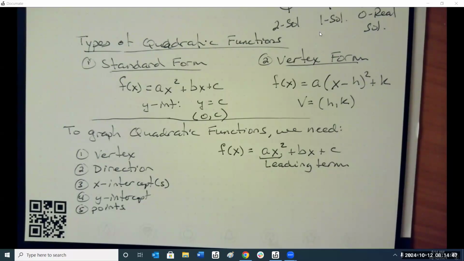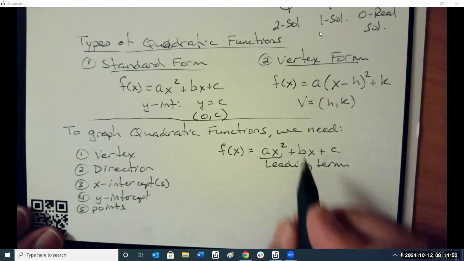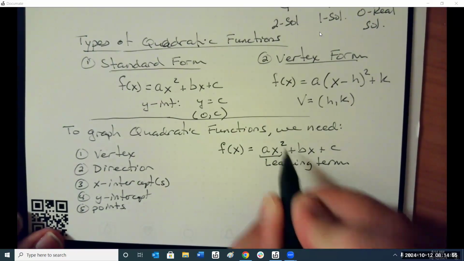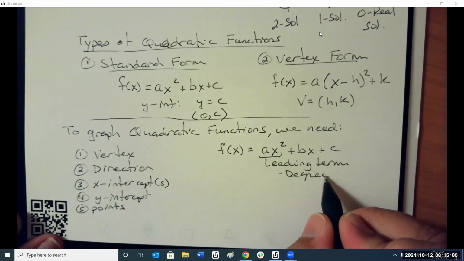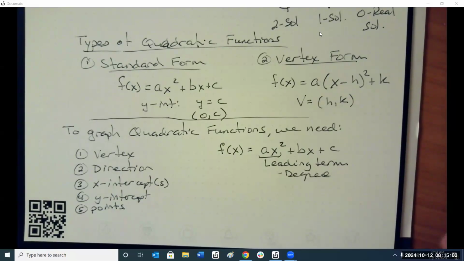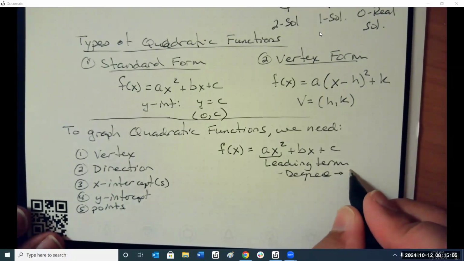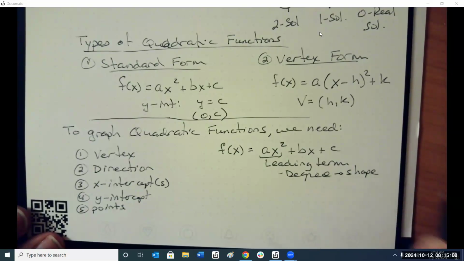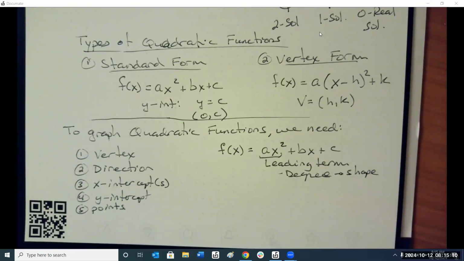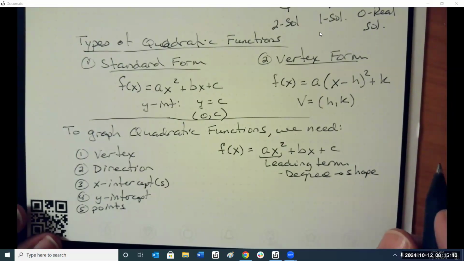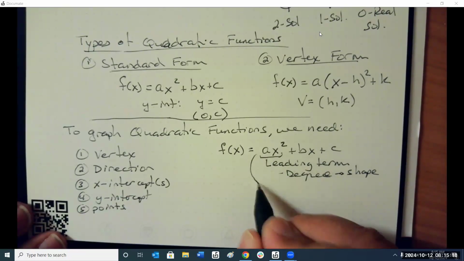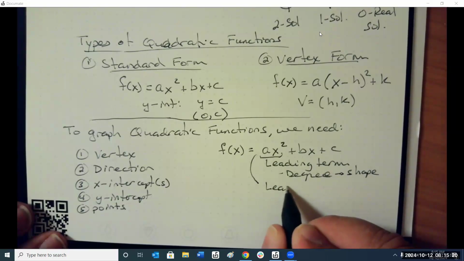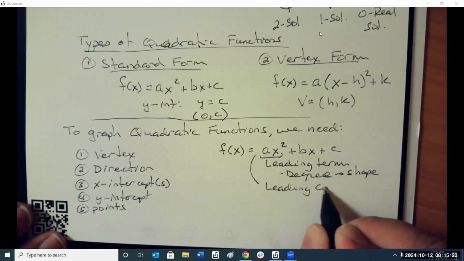It tells us everything we need to know about the graph, pretty much, except for the y-intercept. It tells us because in there we have the degree, and the degree tells us the shape of the graph. Whether it's quadratic, whether it's linear, whether it's constant, if it's cubic, whatever. Then a is called the leading coefficient.